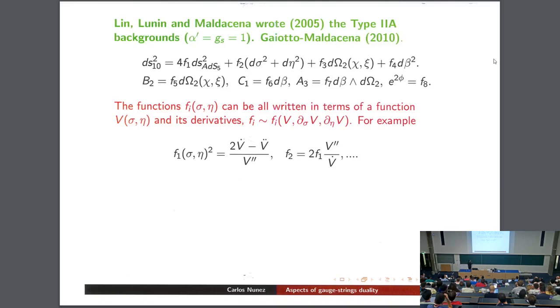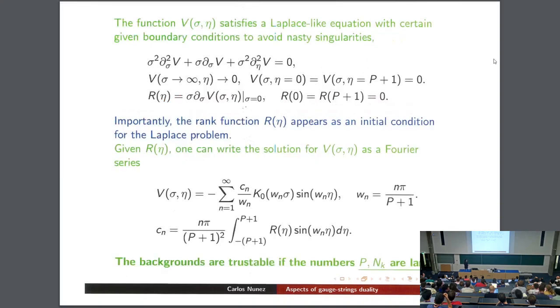This continues like this. So what's interesting is that this very complicated problem boils down into a very simple problem for the function V that solves a Laplace-like equation with certain given boundary conditions to ensure the health of the system. So that's the Laplace-like equation, so it's a linear equation, and some boundary conditions.